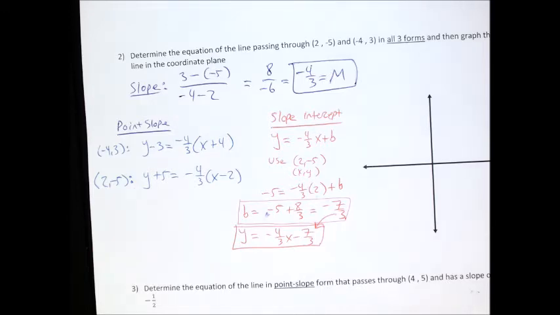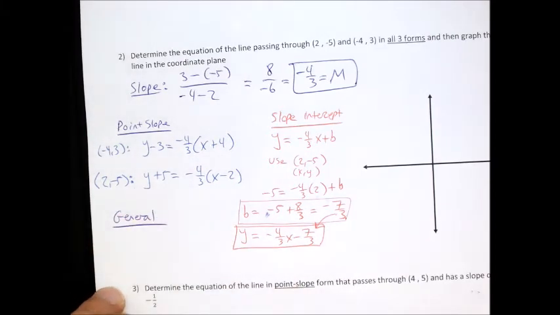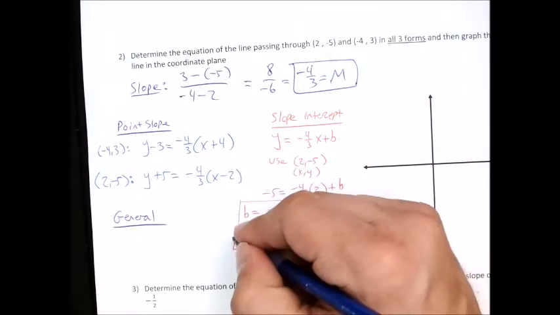Alright, and then the last one I'll do here is just write down what the general form is. So as I said before, I think the easiest way to get to the general form is just to rewrite point slope form. Just get everything over to one side. So I'm going to rewrite this.